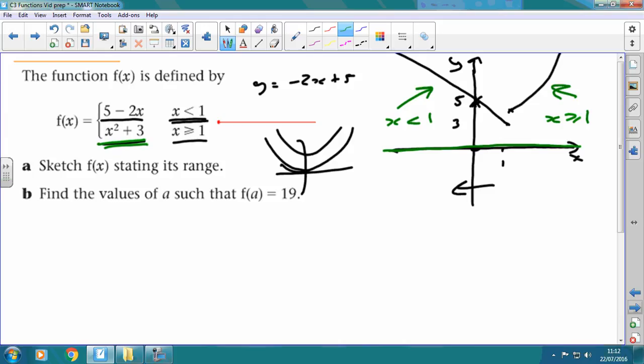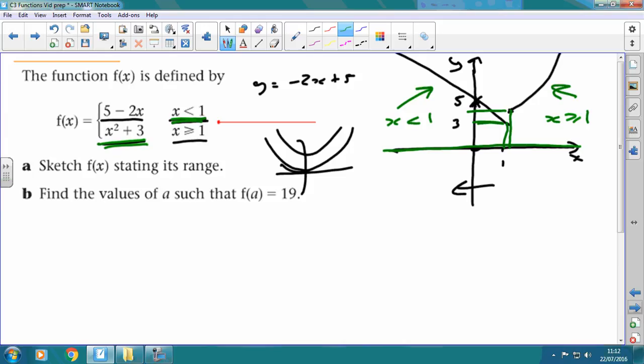We see 1 doesn't actually map to 3 because x can't equal 1. So when it's just behind 1, so 0.99999, that's going to map to that value there. When x equals 1, it maps to this value here. So everything in the domain maps to one thing in the range.